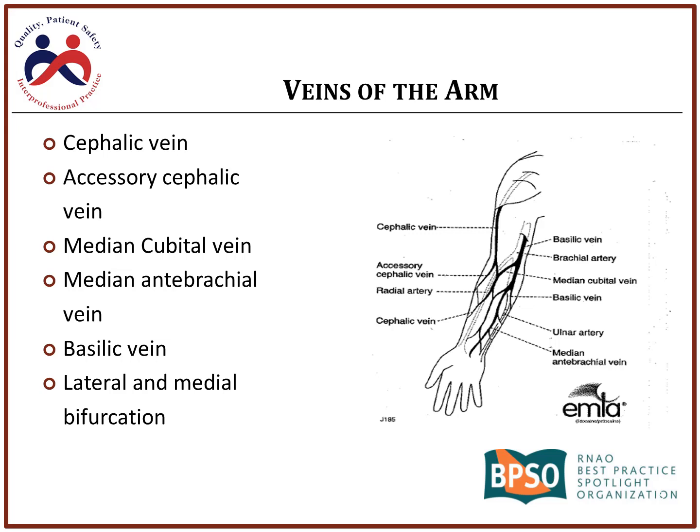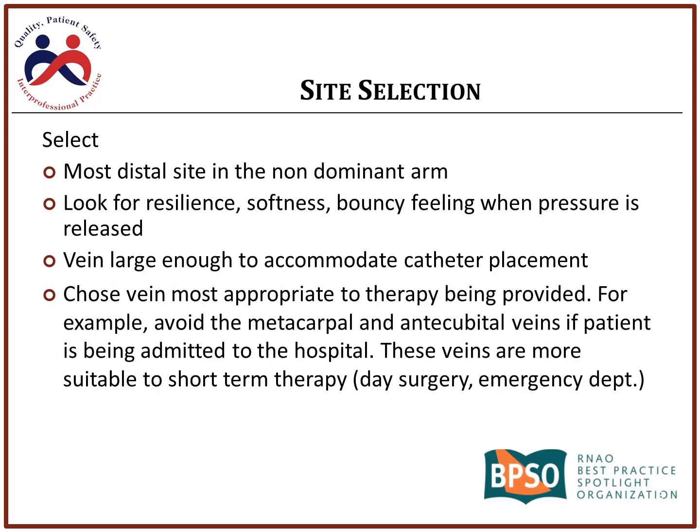So site selection, I mentioned you start at the most distal. You want to look at the non-dominant hand because you want the person to be able to move their dominant hand. You're going to palpate, make sure it's not pulsing. That's an artery. We don't want that. And then the bottom here again, choose the vein that's most appropriate to the therapy being provided.